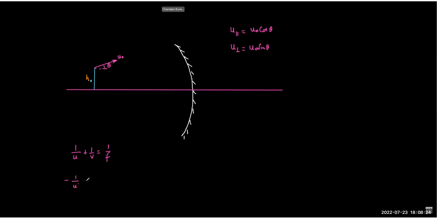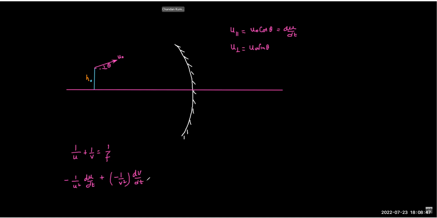So minus 1 by u square, and this is basically your du by dt. Do you realize this? This is difficult. So basically, when you write du by dt, you mean actually u parallel.